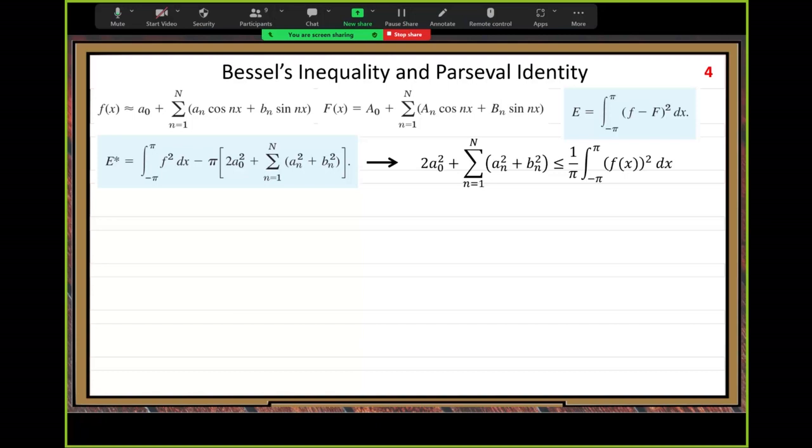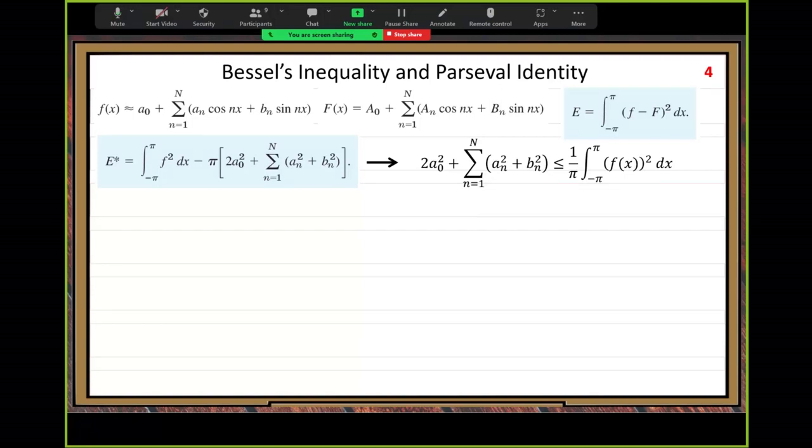We know E star is greater or equal to 0, right? Because E star is a special case of this formula, and the square integral is always non-negative.